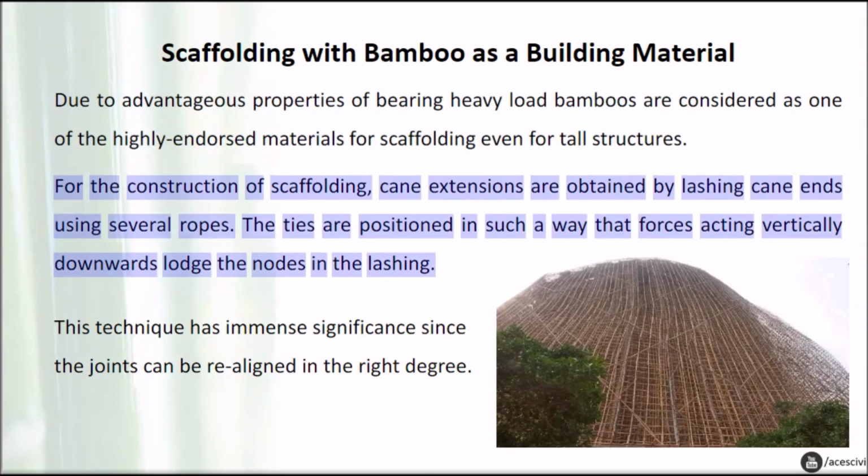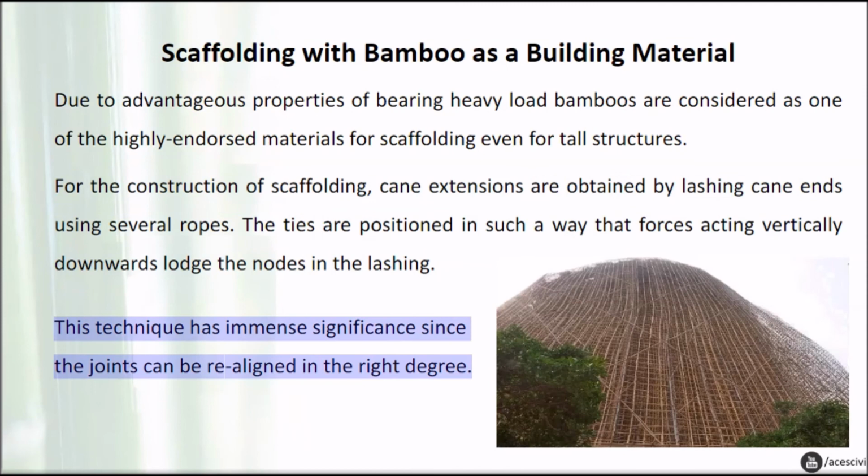For the construction of scaffolding, cane extensions are obtained by lashing cane ends using several ropes. The ties are positioned in such a way that forces acting vertically downwards lodge the nodes in the lashing. This technique has immense significance since the joints can be realigned in the right degree.